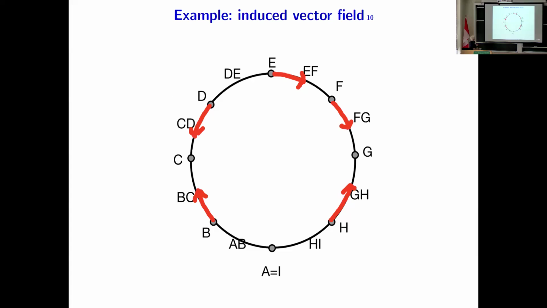And there are critical cells. The DE, this mountain, does not belong to a pair. There is also A, which does not belong to a pair. So these are the critical cells which correspond to critical points in classical Morse theory.